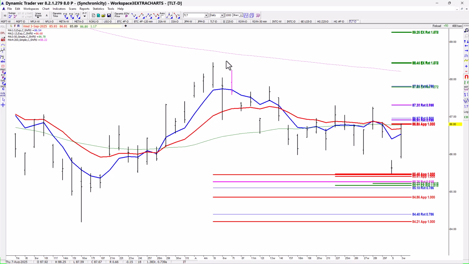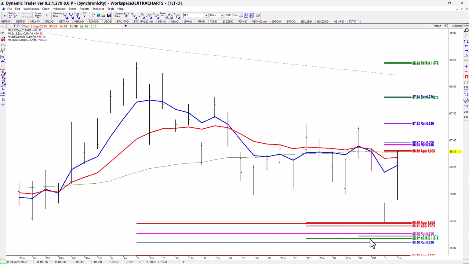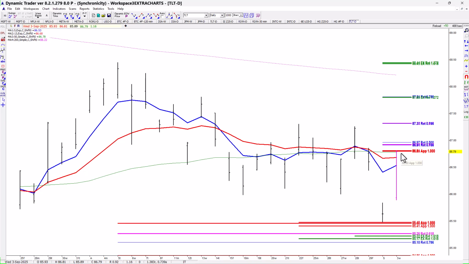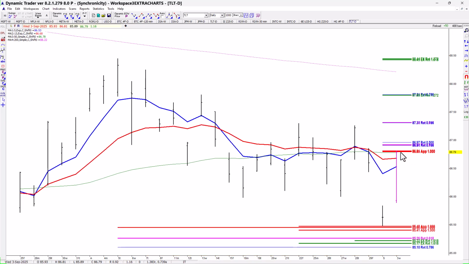So bottom line, this was the initial setup, this key support decision, but now this is a pretty important hurdle. If we are going to continue to rally in TLT, this is the area that we need to clear. It comes in at 86.80 to 86.97. Okay, now if we don't clear it, and then you see a sell trigger, you can look at a trade against this resistance.